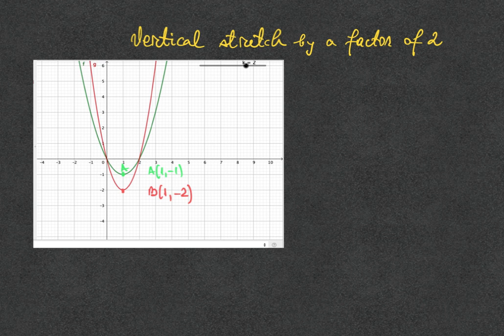So my function was y old. Let me write it in green because it was green. Y old was x old squared minus 2x old. This was my function. Y equals x squared minus 2x.